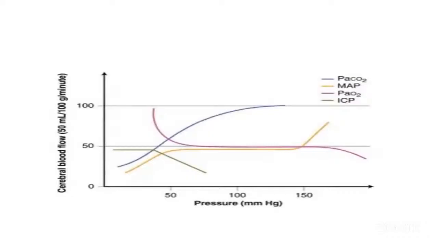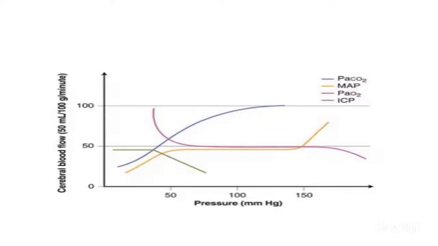So this is a curve of cerebral blood flow and pressure. It is a four-graph figure. One shows partial pressure of carbon dioxide, that is the blue one. Yellow is for MAP, red or violet for PaO2, and green for ICP. For MAP, as we have already discussed, between around 50 and 150 autoregulation is maintained, and there is not much change of cerebral blood flow.